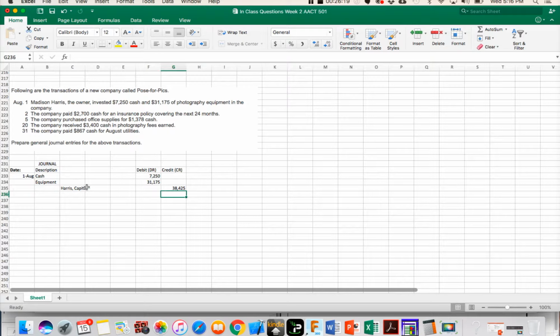And then Harris Capital, that one might be a little more tricky as a beginning accounting student to know. But capital or equity, those two words are used interchangeably in accounting. So it may be called Harris equity or equity for Harris, or any combination of those things. But the good news is there wouldn't be more than one. So it wouldn't be like you were choosing between Harris Capital and Harris Equity, etc., etc. There was only going to be one of those variations, and you just have to know that you picked the one that it is.